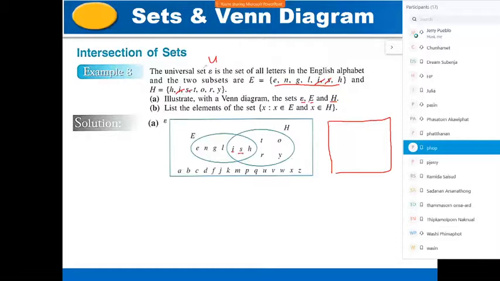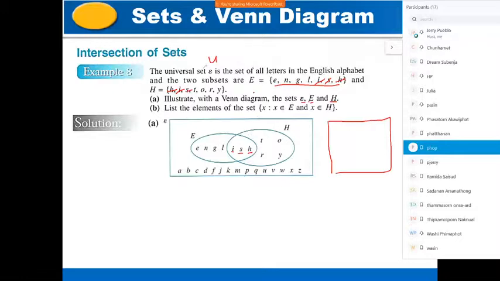You put S in the middle here, and then H, right? H is common here. That's why you put it here in the middle. And then the rest, T O R Y, you put outside E but inside H, right? T O R Y. And E N G L inside of E but outside of H.